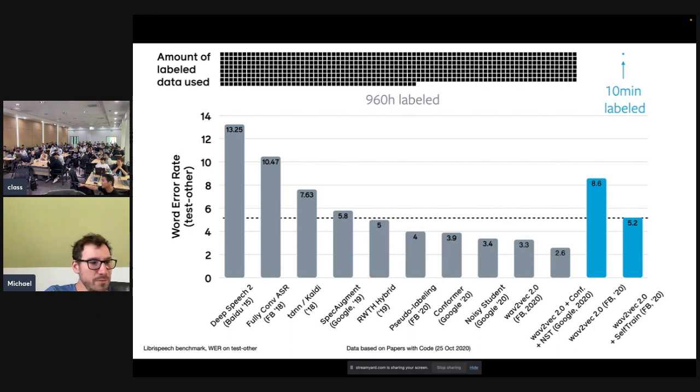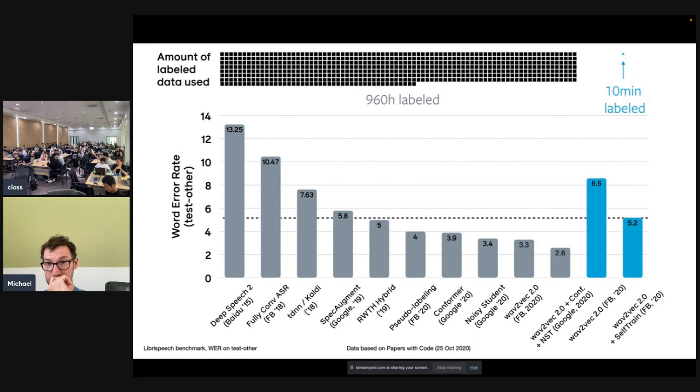So typically systems use 960 hours or more. So for example, Deep Speech 2, the first bar, uses a lot more than that. And then I'm showing in blue here the results with this wav2vec 2.0 model. You can see that if it just uses 10 minutes of labeled data, it doesn't do as well as the best systems.